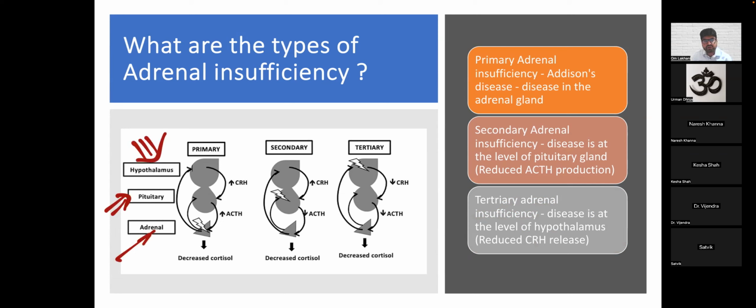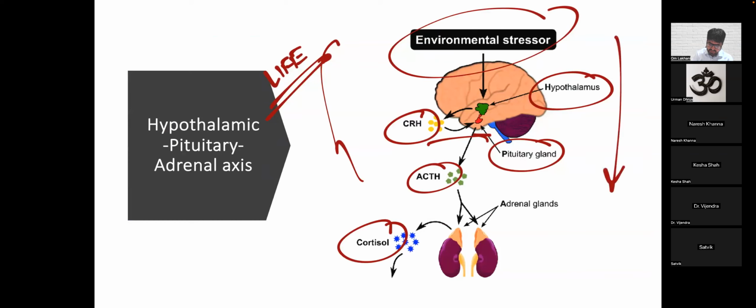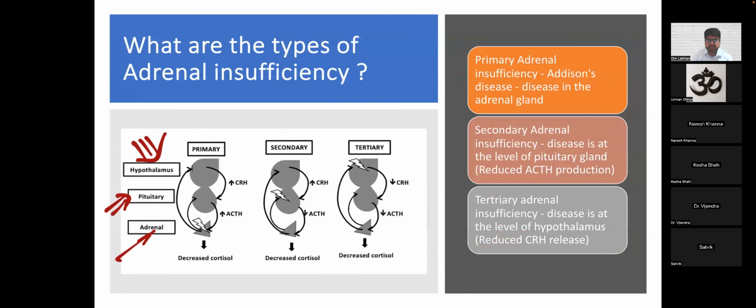If you have a patient on glucocorticoids, on steroids for a long period of time, the entire HPA axis is suppressed, and the suppression often comes right from the hypothalamus. Hence this is known as tertiary adrenal insufficiency. We'll see the various causes and etiology of primary adrenal insufficiency later in the course of the lecture. But the point is that adrenal insufficiency can be primary, secondary, and tertiary.